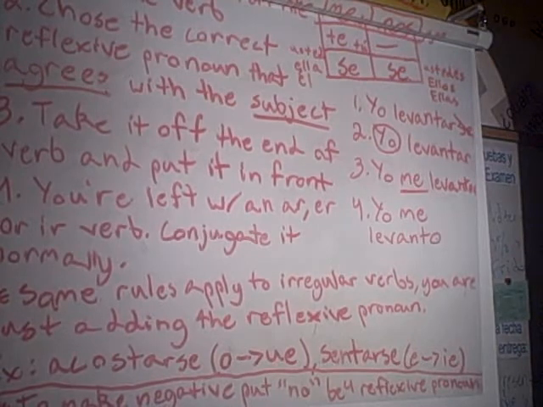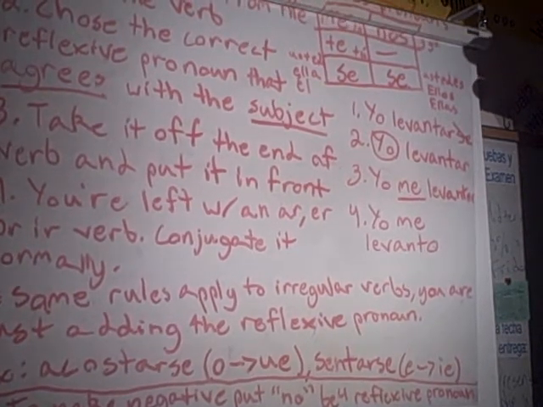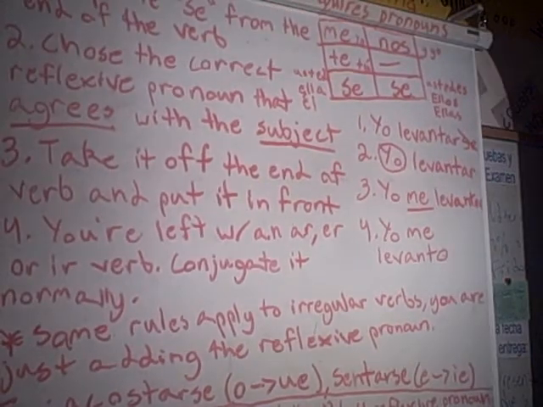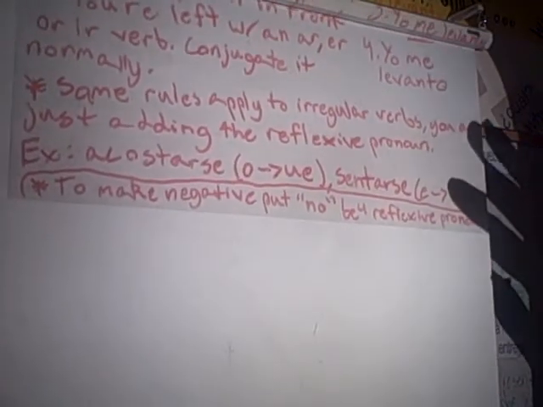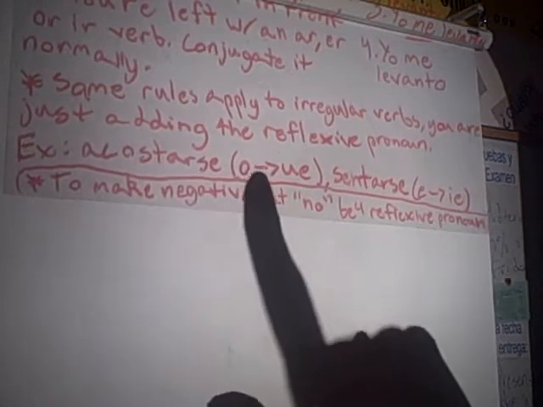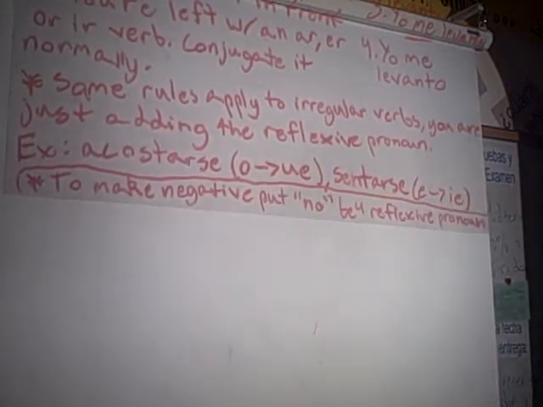Important thing to pay attention to: if a verb ends in se, the reflexive pronouns are always exactly the same. Me, te, se, nos, and se are the same in the present, the same in the preterite, and the same with verbs that change O to UE or E to IE.